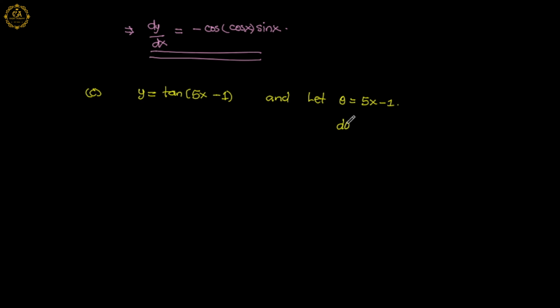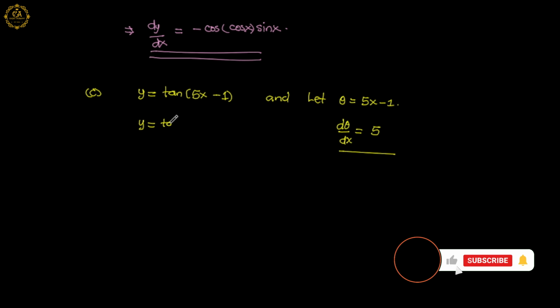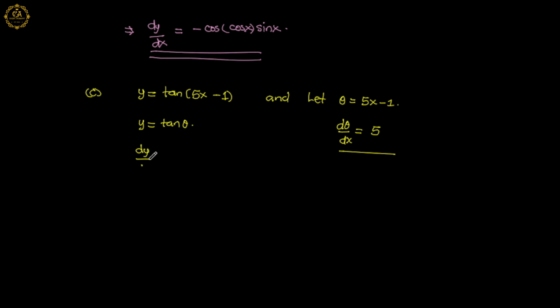So d theta by dx is given by 5. The derivative of this function just results to 5. So y equals to tan theta. And let's differentiate y with respect to theta. And the derivative of tan theta is secant square theta.